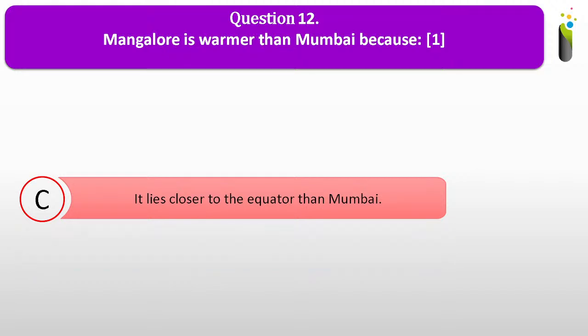And the correct answer for this question is C. It lies closer to the equator than Mumbai. That's the reason Mangalore is warmer than Mumbai.